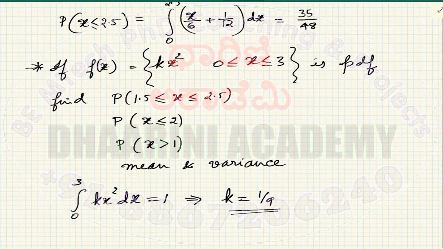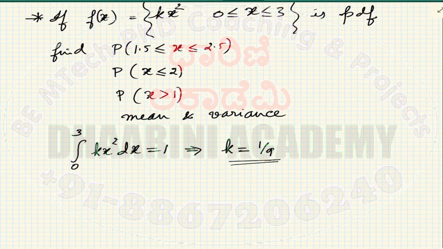So now we will calculate the rest of the question, which is first we are supposed to find the probability that it is between 1.5 and 2.5.